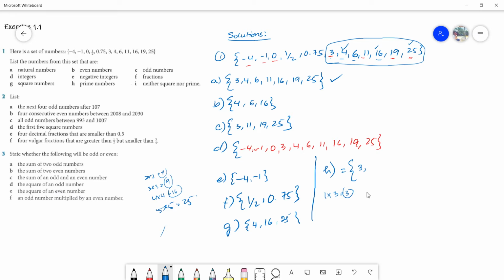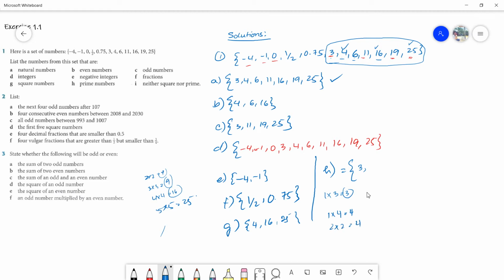We have 4. So 1 times 4 is equal to 4. There is a technique which I think you should practice. This will help you later in the chapter. So 2 times 2 is equal to 4.